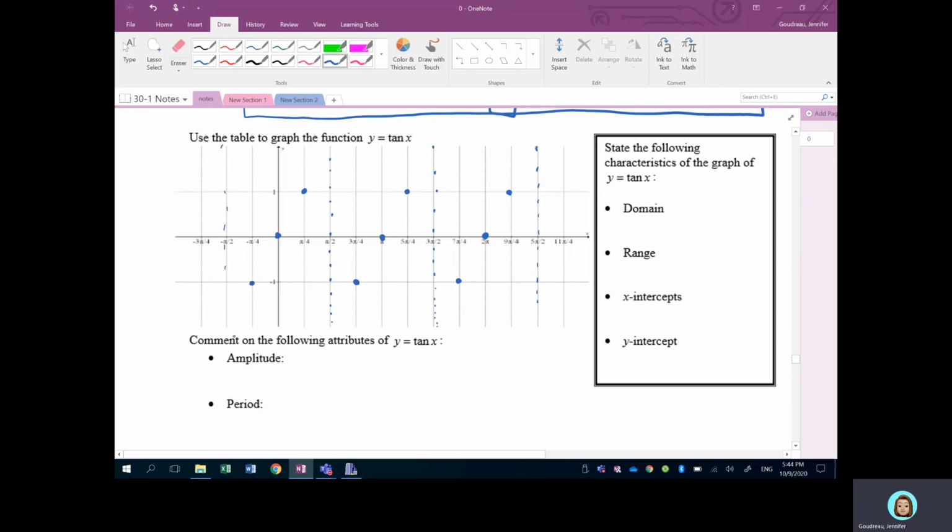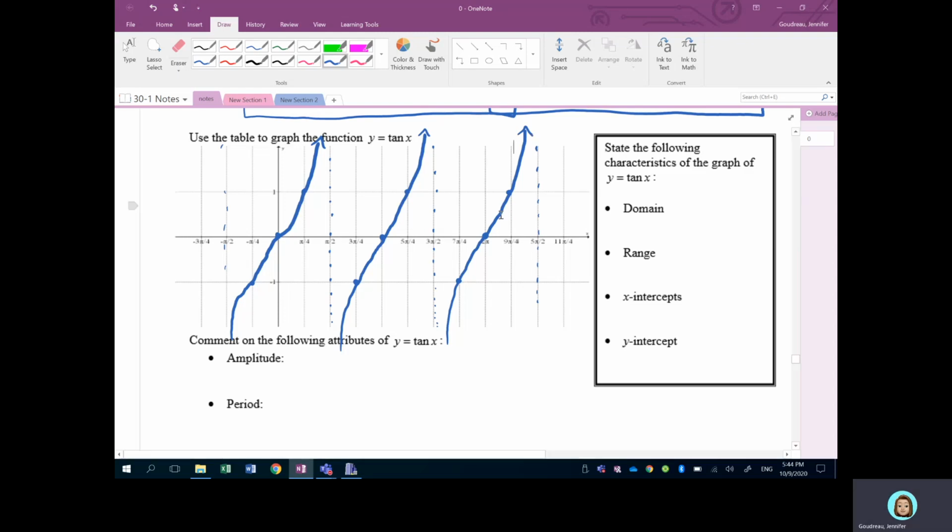It follows the asymptote, and then it curves till it hits here, and then it's going to curve up that asymptote. Same thing here: follows the asymptote, curves through the points and up the asymptote, and again, and it just keeps doing that over and over and over again. That is what tangent looks like.